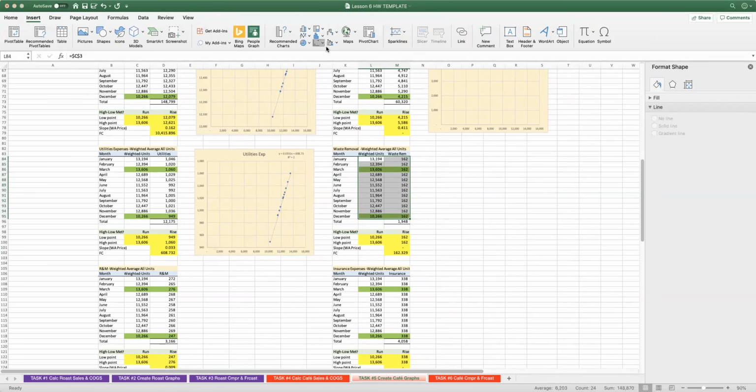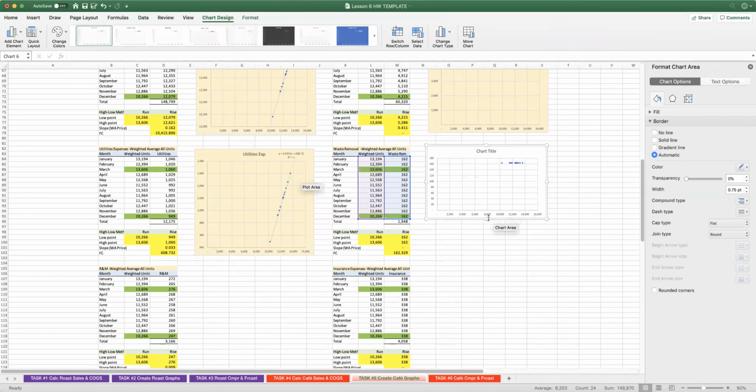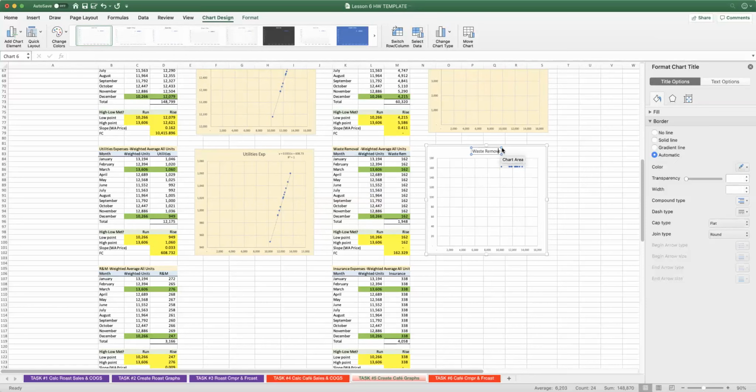Insert, scatter, slide. Okay, this is waste removal. Okay, fixed, right?